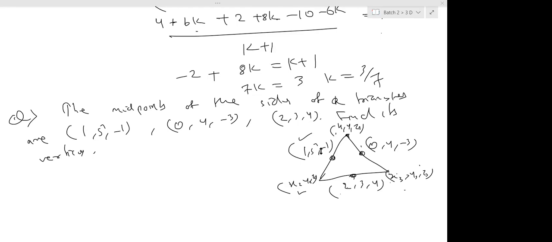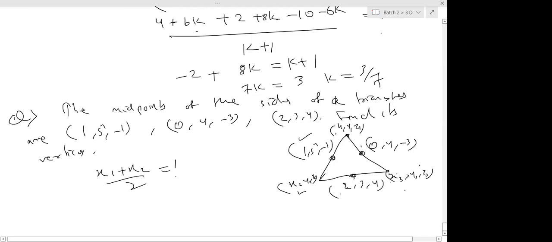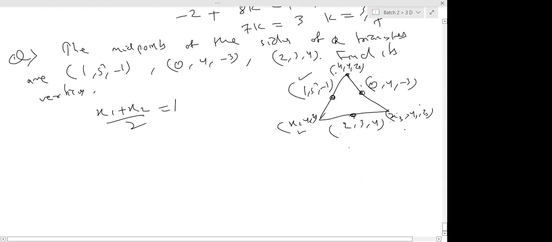Sir, at first, which coordinates do we have to find? Just solve for x coordinates, then y coordinates, then z. First, try to find all the values of x. So the midpoint of x1 plus x2 by 2 will be 1, right? Midpoint formula: x1 plus x2 by 2 is the midpoint of the x coordinate.